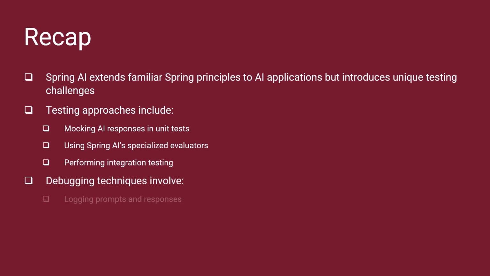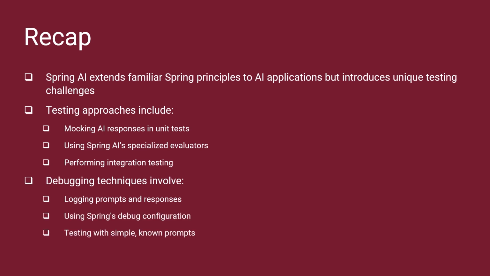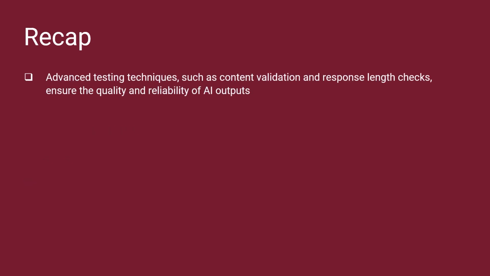Debugging techniques involve logging prompts and responses, using Spring's debug configuration, testing with simple known prompts, and implementing error handling to catch and log AI service failures. Advanced testing techniques, such as content validation and response length checks, further ensure the quality and reliability of AI outputs.